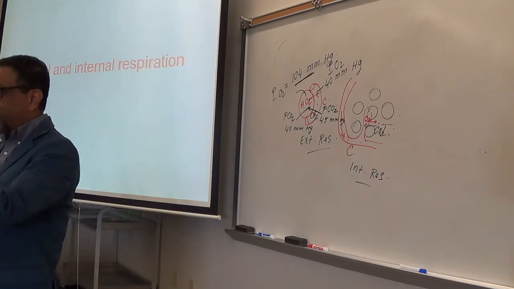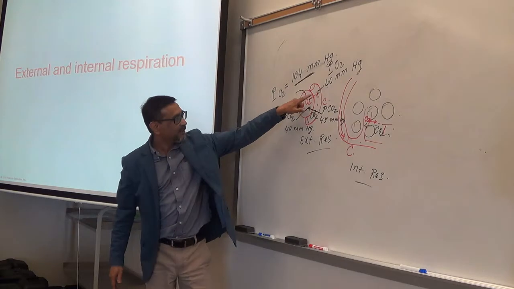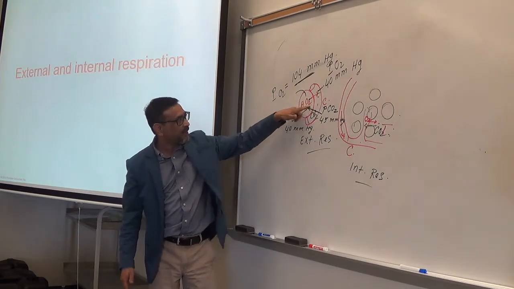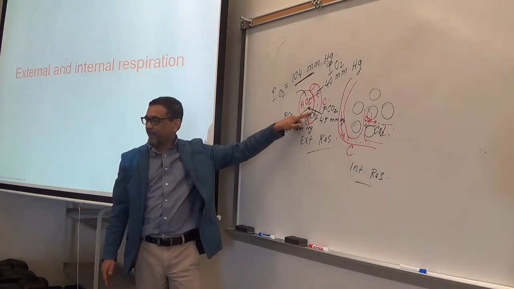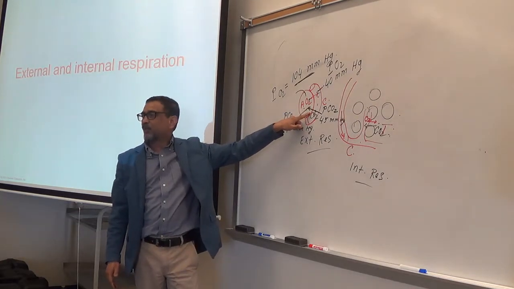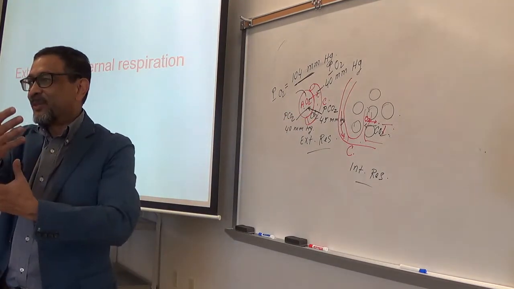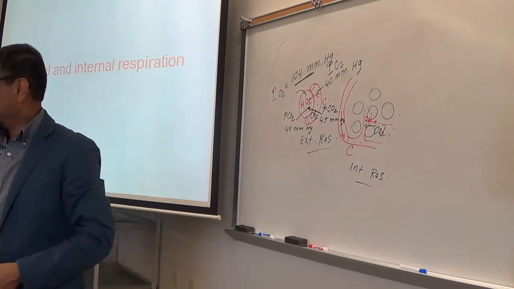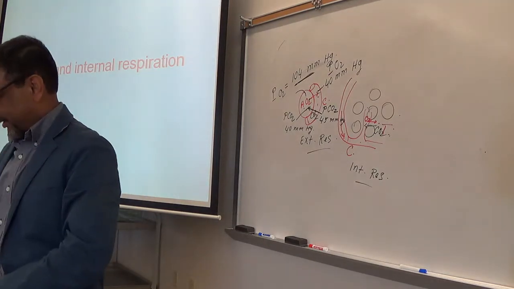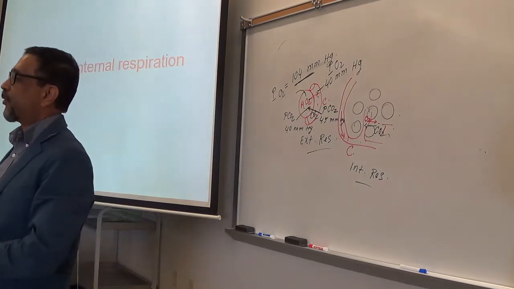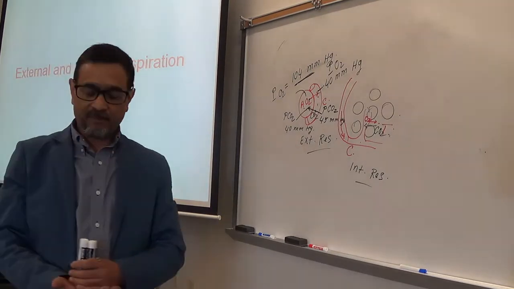The reason is that the membrane through which the gas exchange occurs, this is the respiratory membrane, is more permeable to carbon dioxide than oxygen. So carbon dioxide is more permeable, easily can go. So a small amount of pressure can move the same amount of carbon dioxide. Make sense? Less permeable for oxygen.